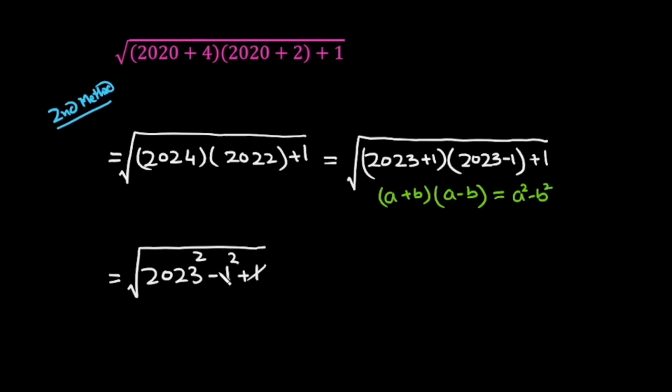This plus 1 and this minus 1 will cancel because 1 square is 1. So we are only left with 2023 square under root. So this square and this square root will eliminate. So this is equal to 2023. This is my final answer.